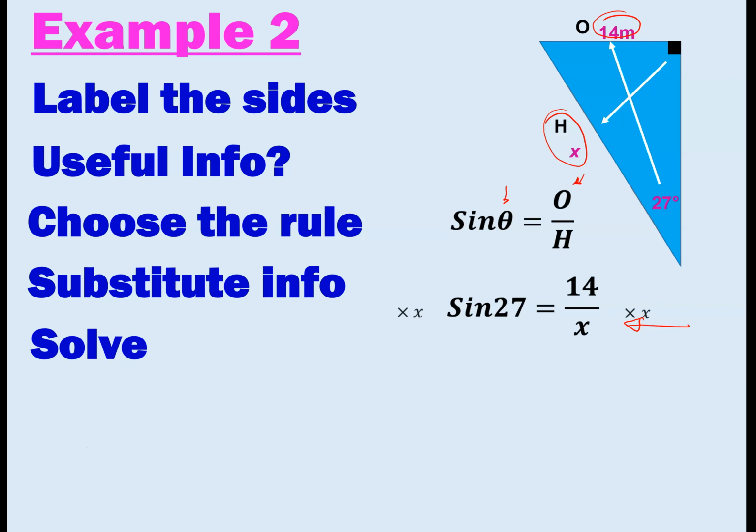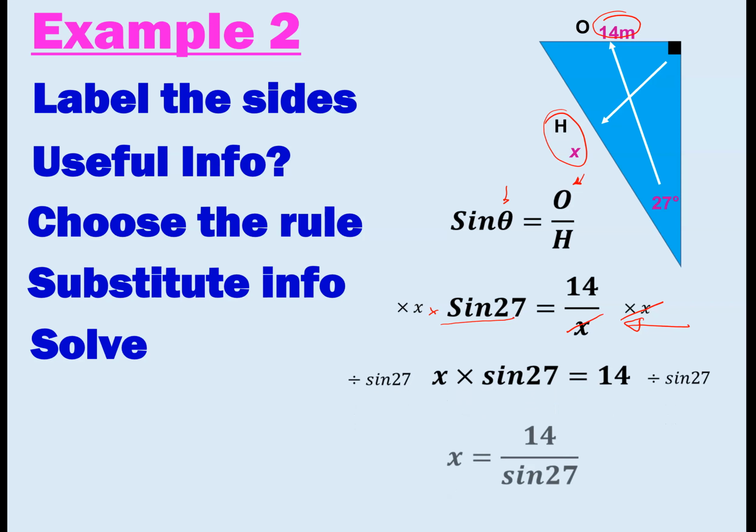To get rid of that divide by X, you times by X. So that's gone, because that's the whole reason again that we times by X, so they will cancel. And so we've now got X times sine 27 equals 14. And so to get rid of this times sine 27, we divide. And so I never put that step in there.